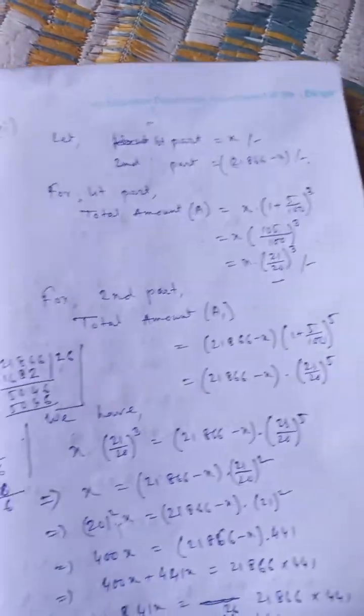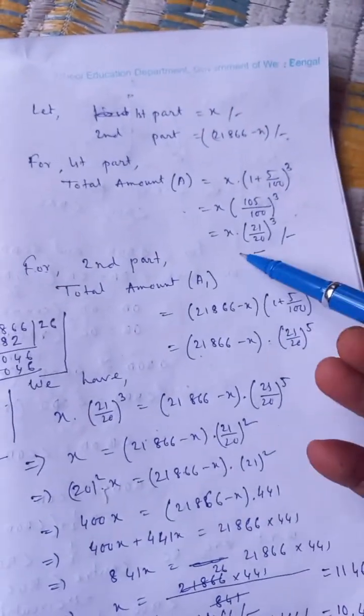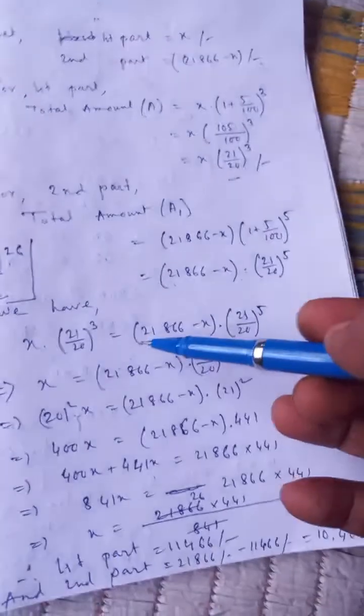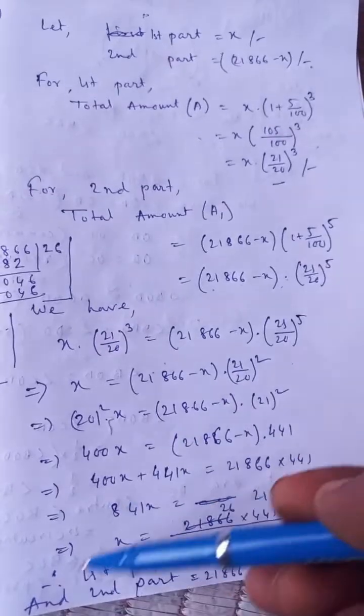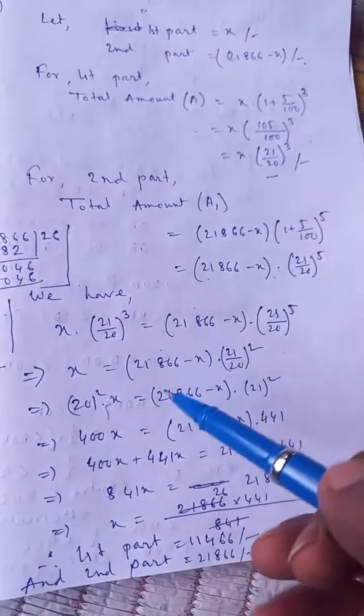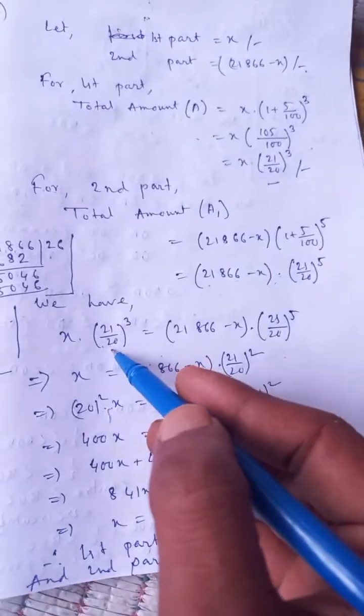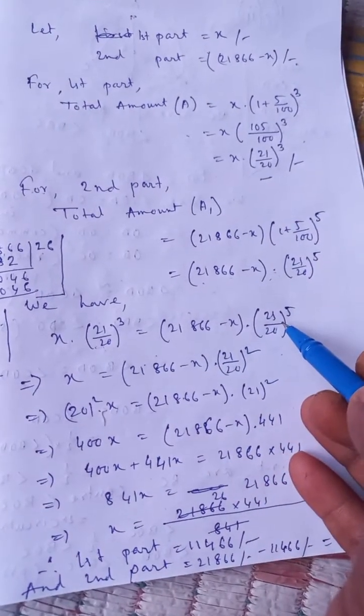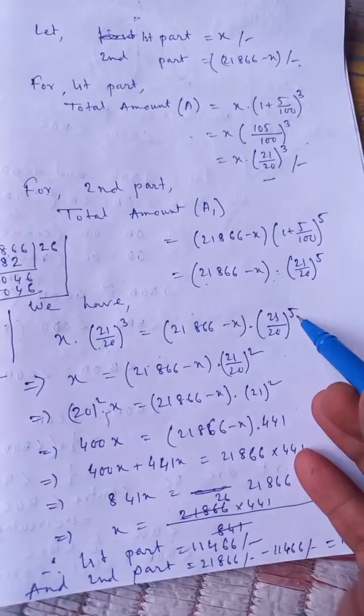Now if we equate both amounts, which is the given condition, we get 21 by 20 to the power 3 on one side and 21 by 20 to the power 5 on the other.